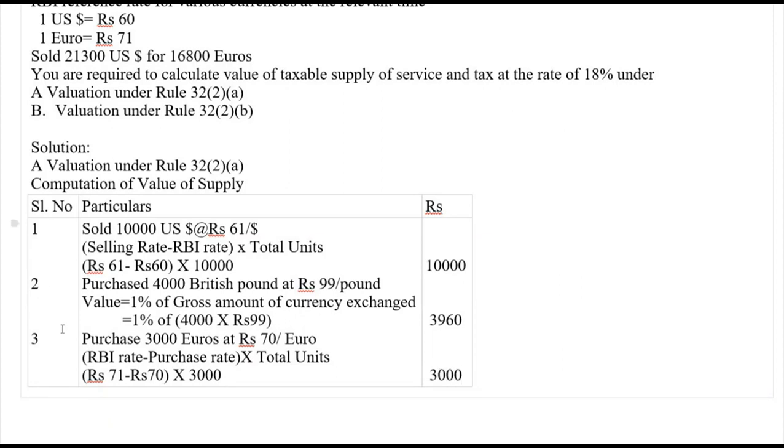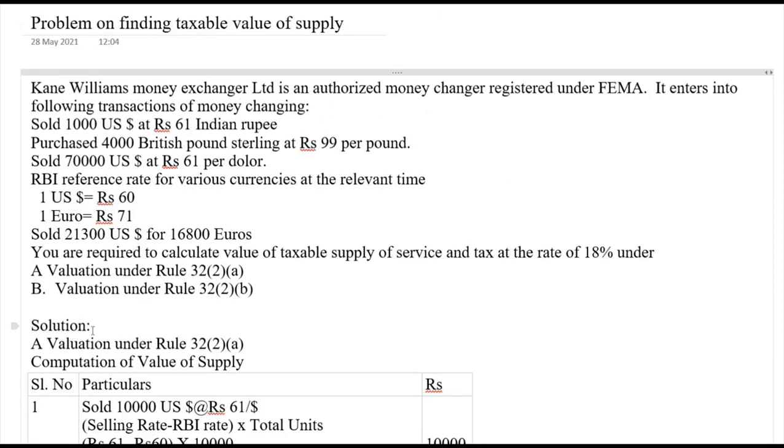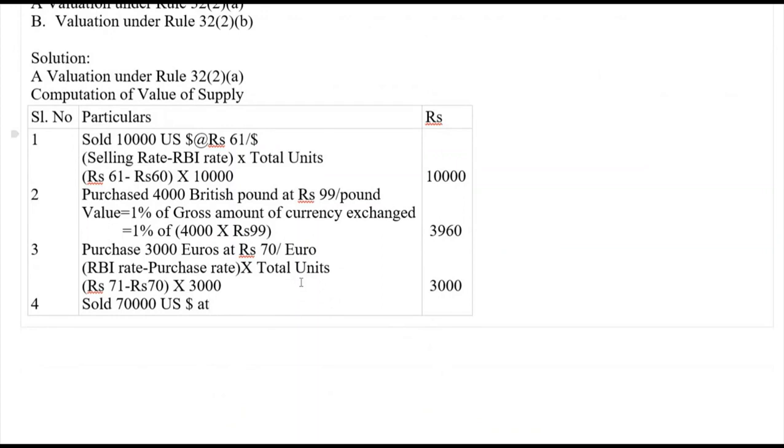Then the next one here, sold 70,000 US dollars at rupees 61 per dollar, which is the rate given here.